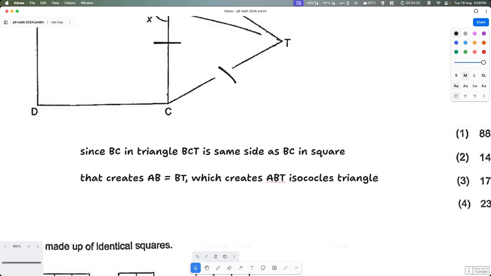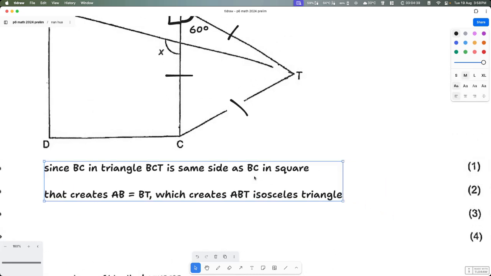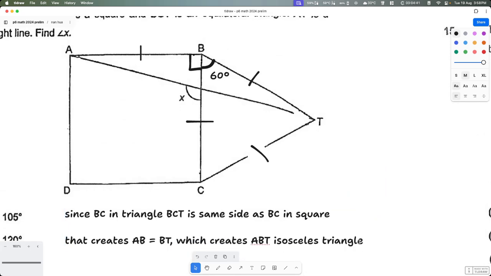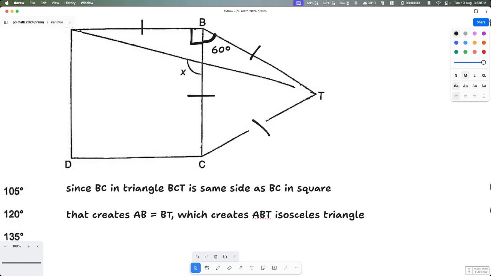Okay, I was thinking of the spelling. Either way, ABT is isosceles.